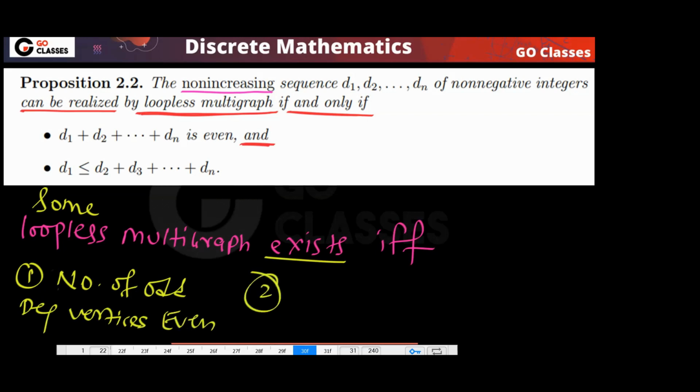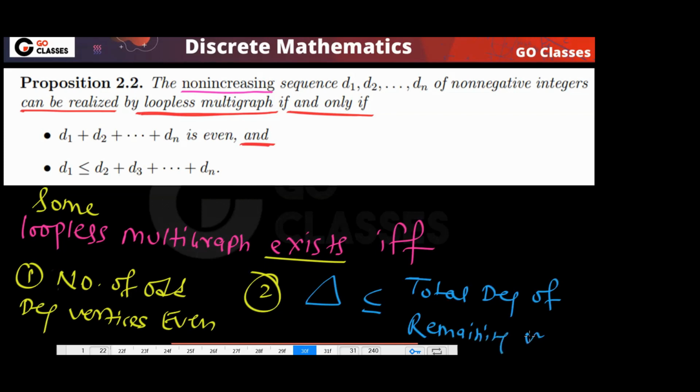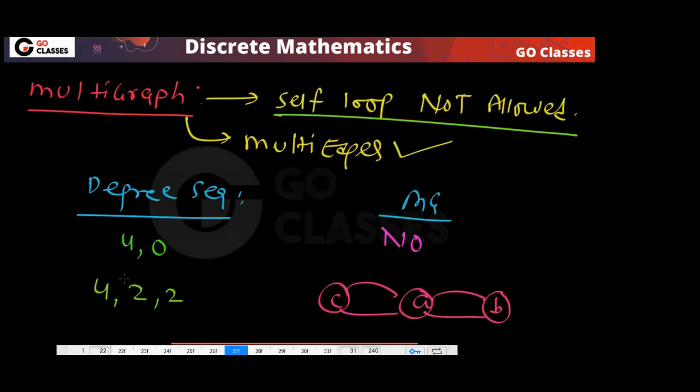And the second thing you have to check is the maximum degree should be less than or equal to the total degree of the remaining vertices. This is what you have to check.